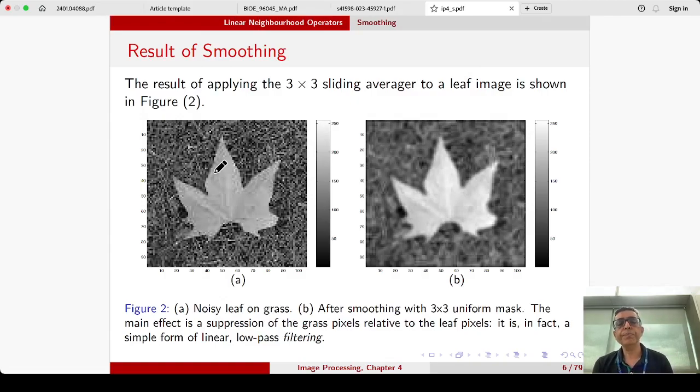First of all, the grass area in particular has become a lot more blurry. That's because there's a lot of fine texture here, so we have a lot of changes over small spatial scales in this image, and we've suppressed those fluctuations. So the background, which is really fine and textury, looks a lot smoother.